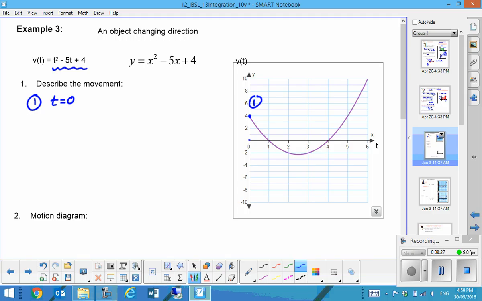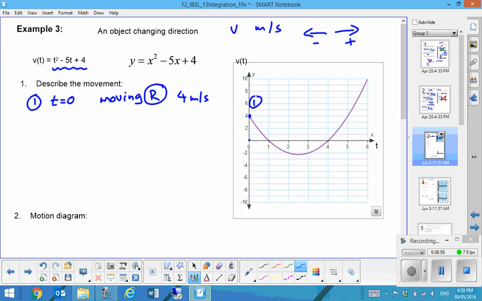All right, so let's put our velocity in meters per second, just to change the units around. So initially it is moving, and remember, that direction is positive, to the right is positive, to the left is negative. So let's say it's moving to the right at 4 meters per second.